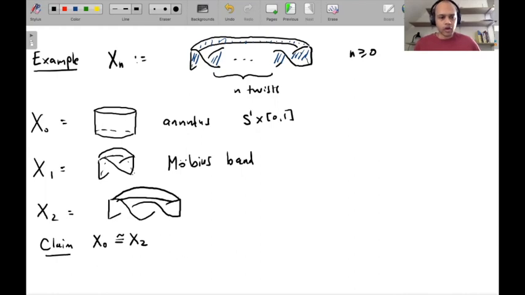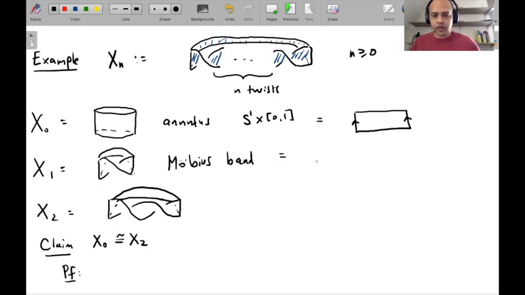So let me try to convince you of this. So here's a way to draw these spaces. Here's another way to represent it. We take our strip of paper and then we glue the left edge to the right edge in this way.